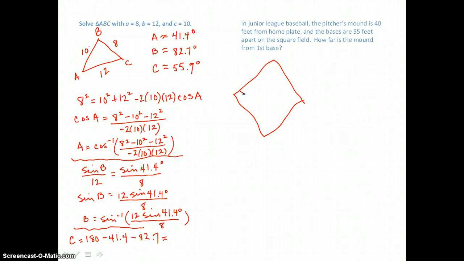Okay, it's a square field, with 90-degree corners, and the problem tells us that the pitcher's mound is 40 feet from home plate. That line divides this right angle into two equal pieces, so this is going to be a 45-degree angle that we'll work with.